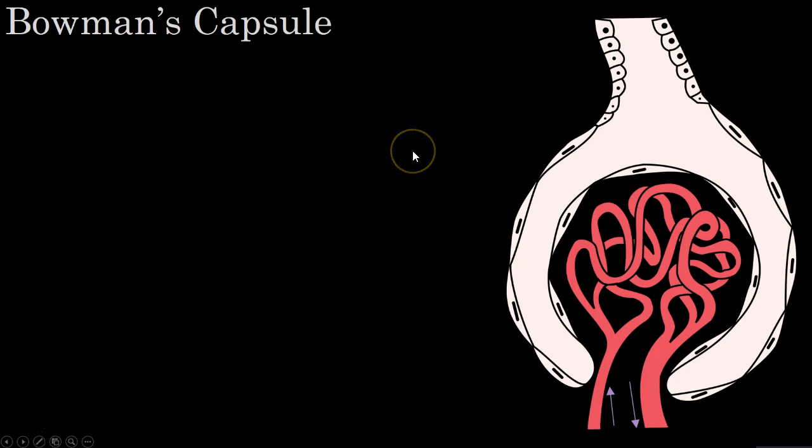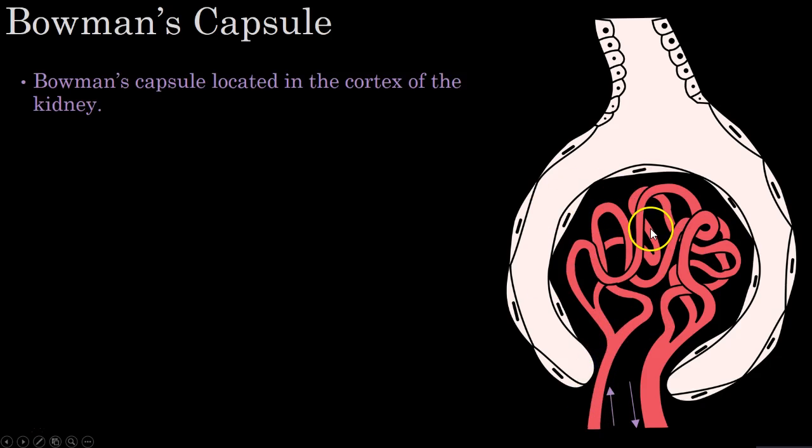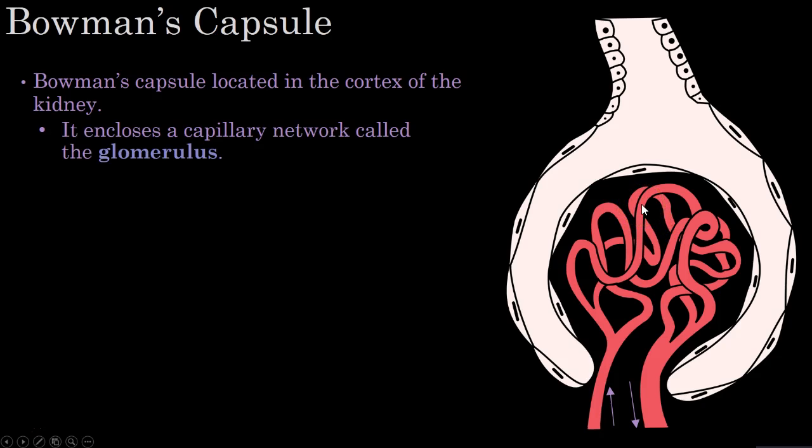So part of the nephron is the Bowman's capsule, and this is where blood is first pumped into the nephron as it enters the kidney. So blood is pumped in through this series of capillaries. So the Bowman's capsule is this part here, and the glomerulus is the part that surrounds the Bowman's capsule.